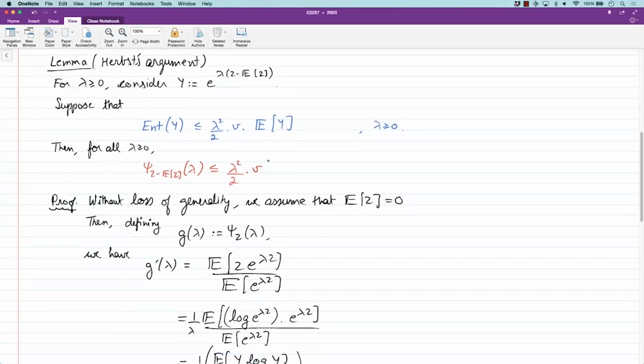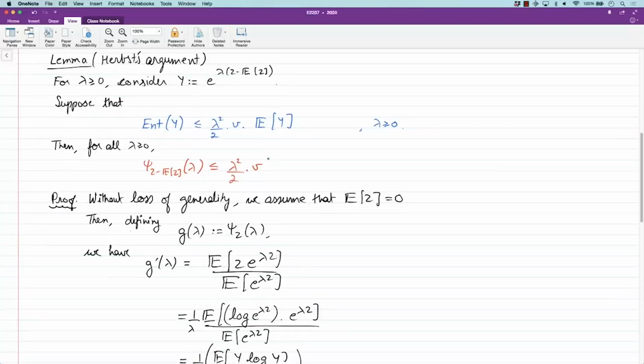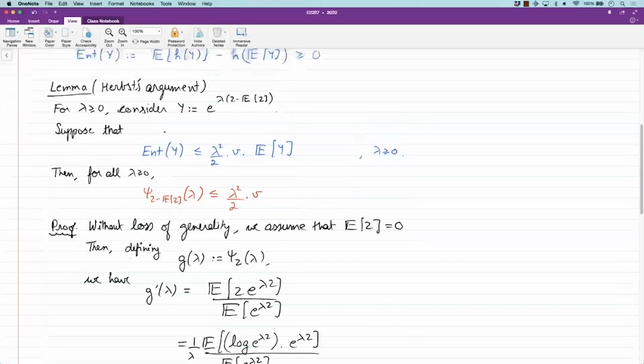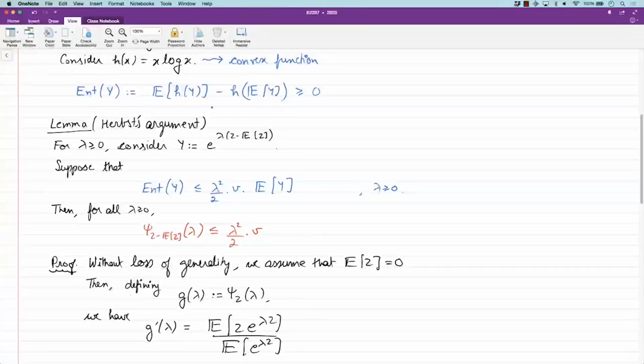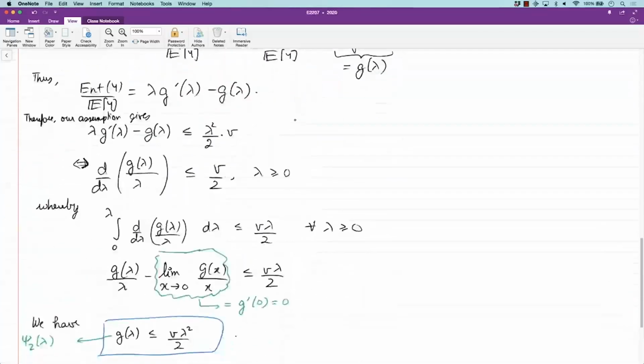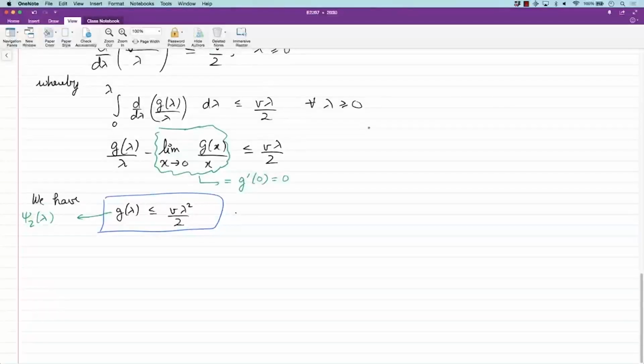In fact, that tensorization argument will follow from some information theoretic properties, because this function is reminiscent of quantities like KL divergence that we see in the information theory course. I'm assuming some of you have taken that course before.